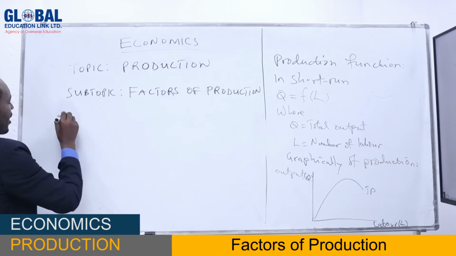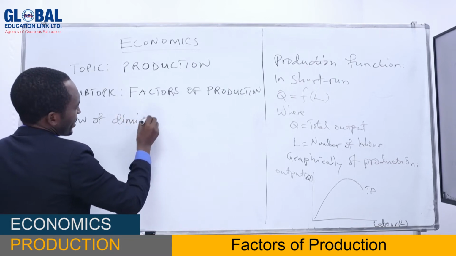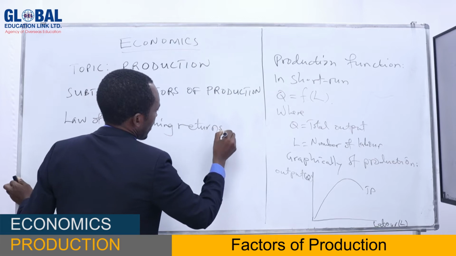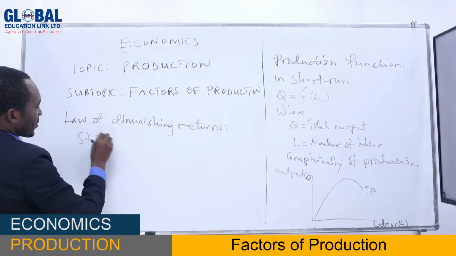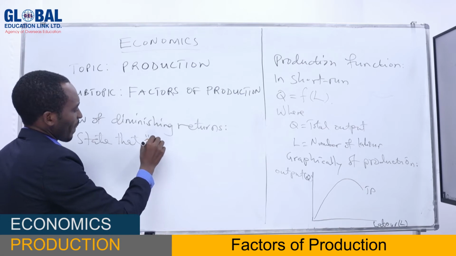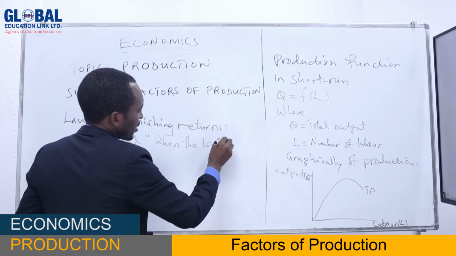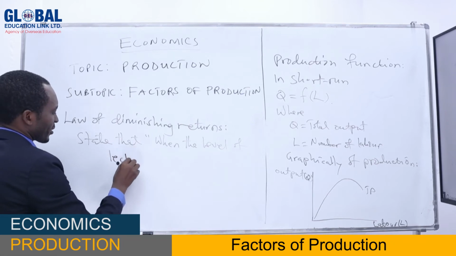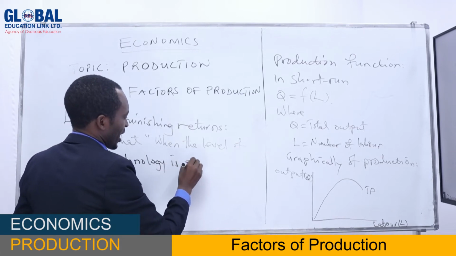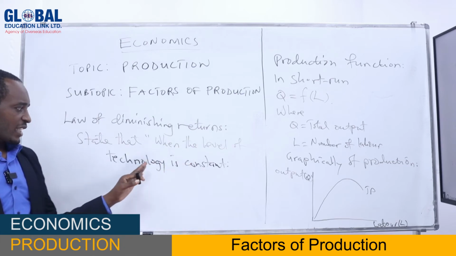So the law of diminishing returns states that we assume first the level of technology is constant.